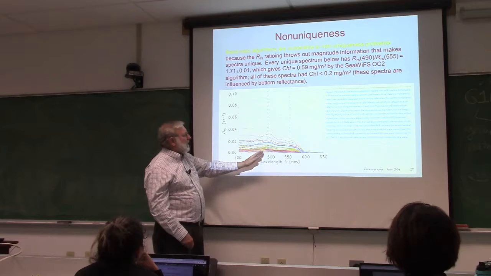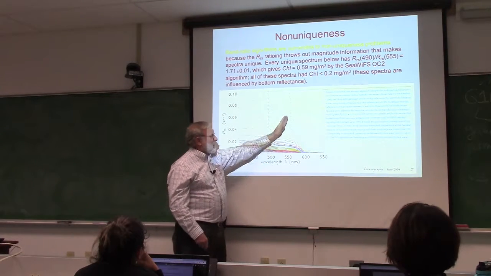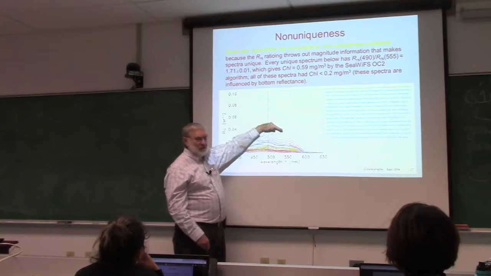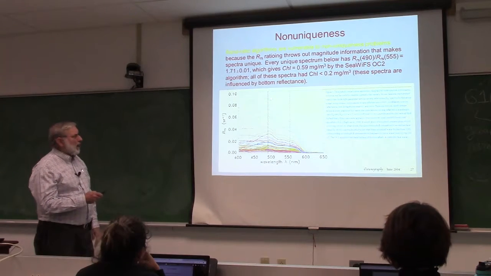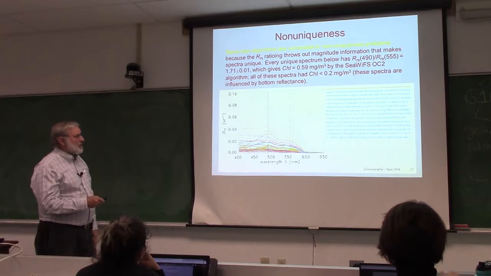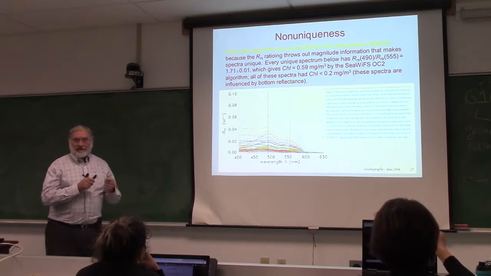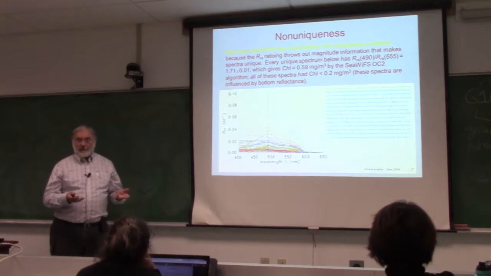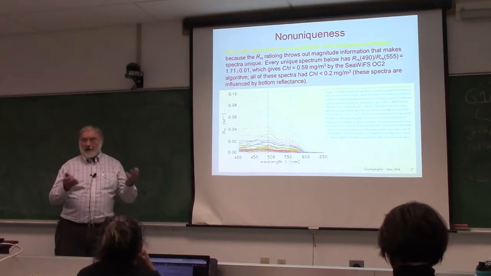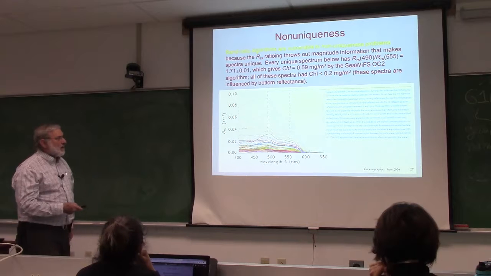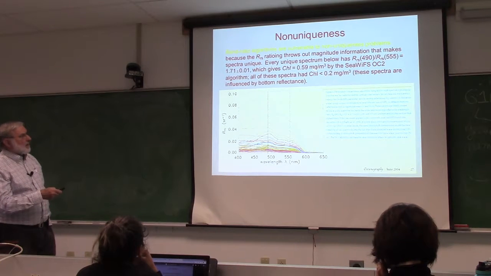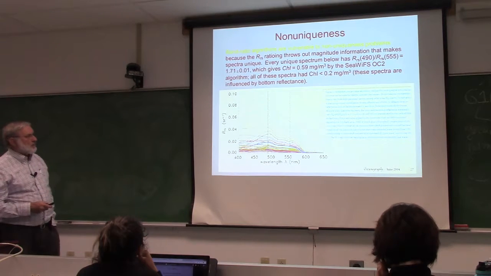But the point I'm making is the band ratios are the same, even though the spectra are totally different. So we'll see why something like a band ratio algorithm often fails if you're in shallow water, for example, and you've got more going on, namely bottom reflectance, than an algorithm like this where it assumes the water's infinitely deep.